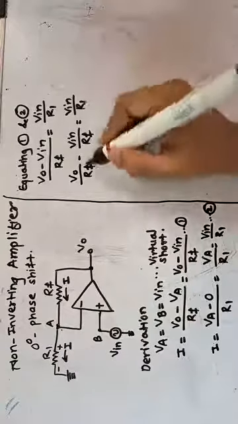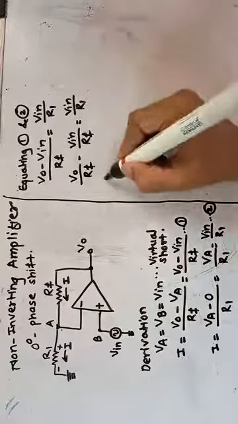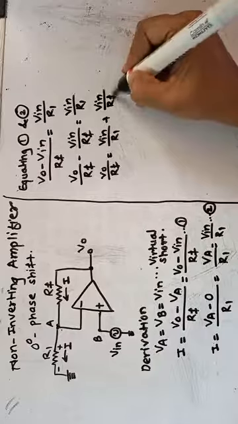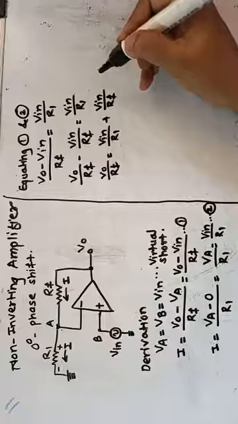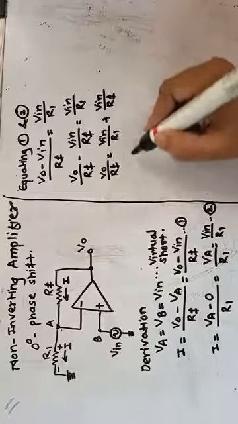I can minimize this equation. So V0 upon Rf is equal to V in upon R1 plus V in divided by Rf. Then you have to solve this equation.